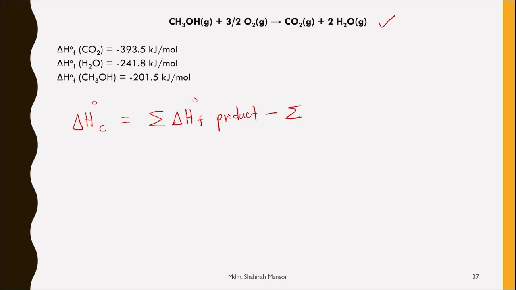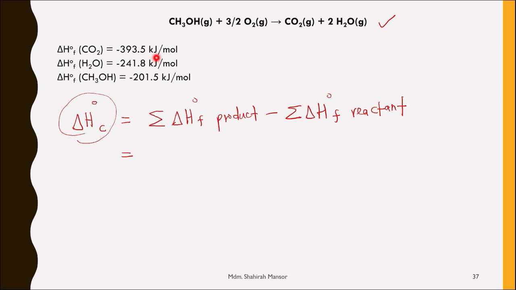Every time you have standard enthalpy of formation values given in the question for all reactants and products, you can always use the summation formula to find any enthalpy of reaction, whether it is combustion, neutralization, or many other reactions, as long as you have the standard enthalpy of formation for all substances.